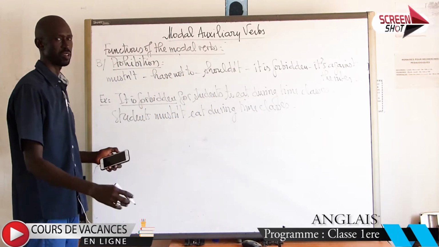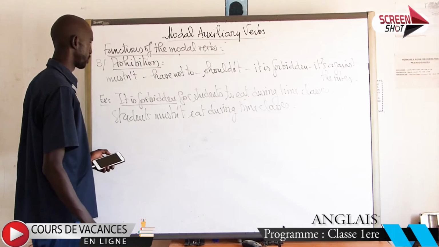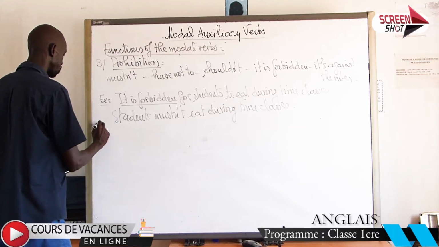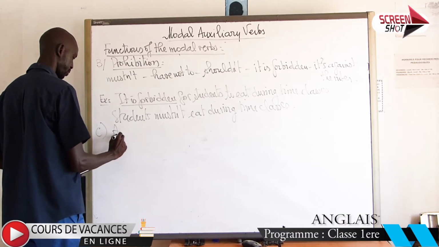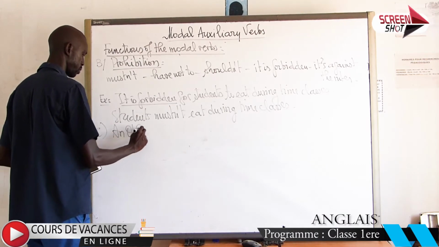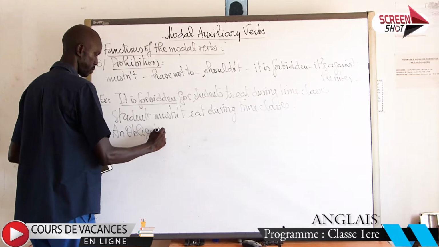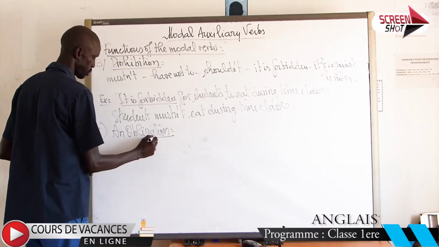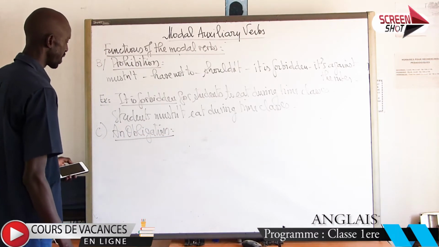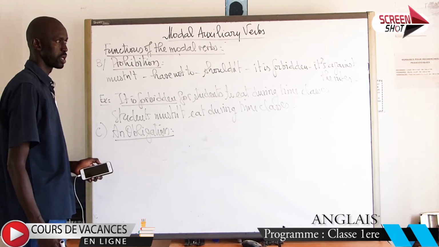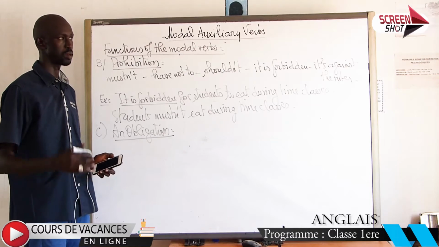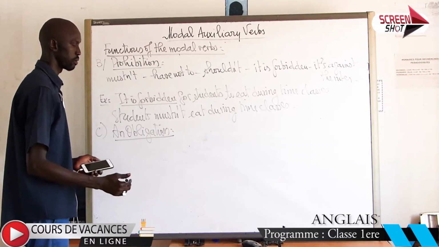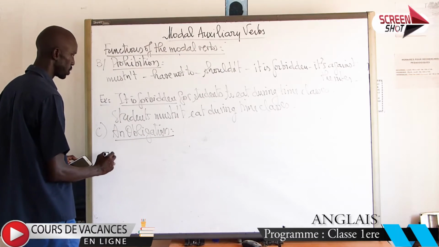So that is a way to express a prohibition. We can express also an obligation. To express an obligation, it is something that you have to do. That you are obliged to do something, it will be an obligation.